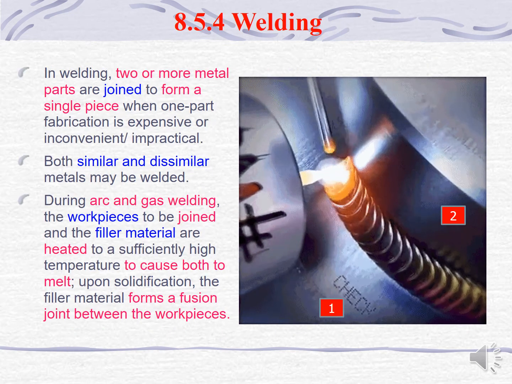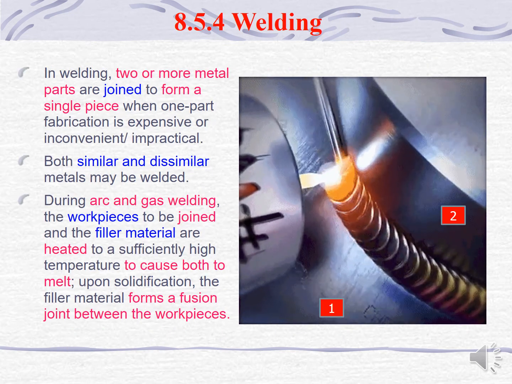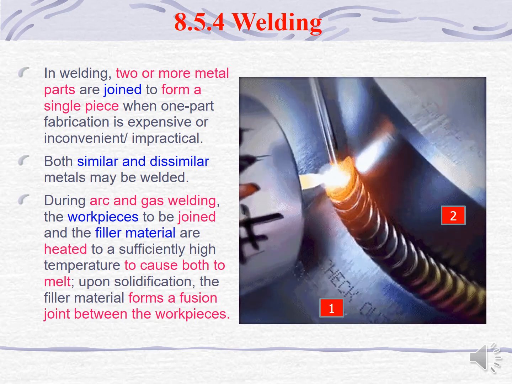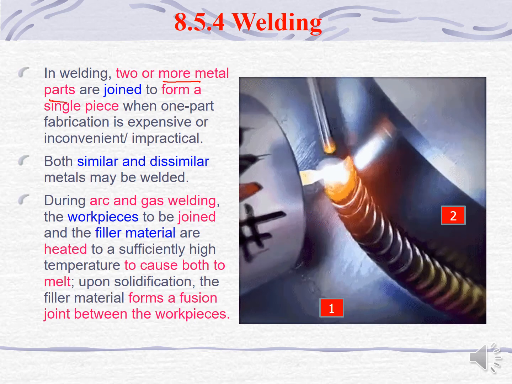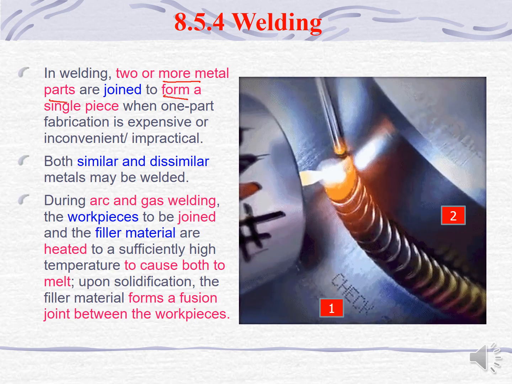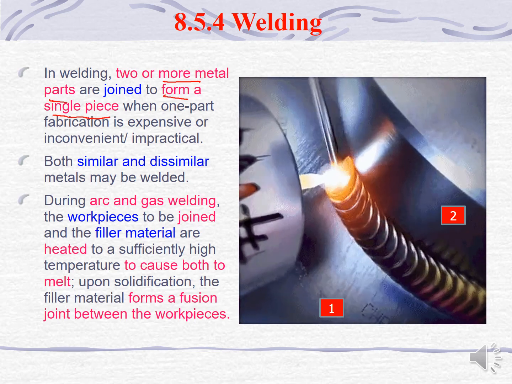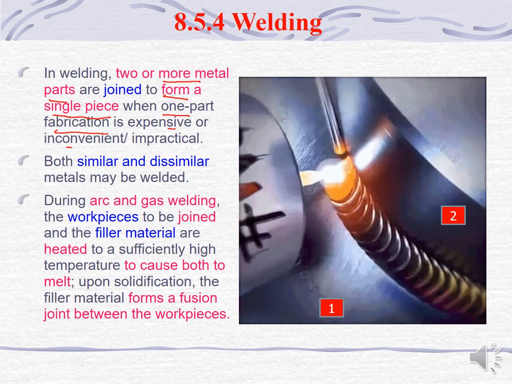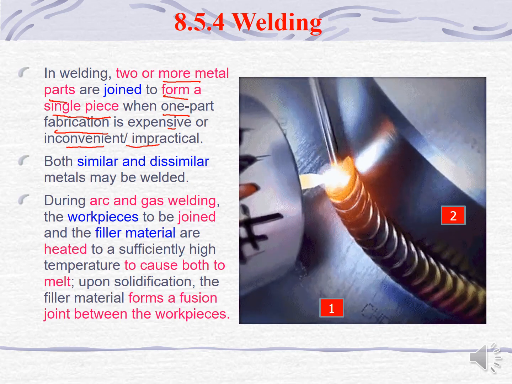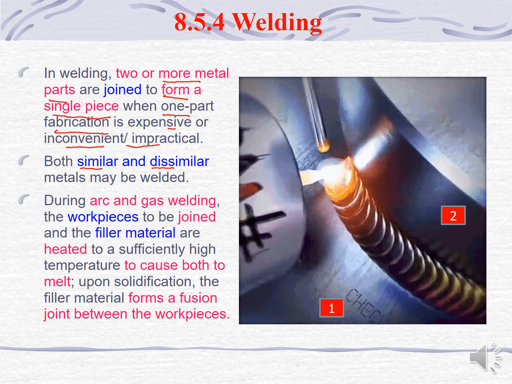Now we move to the welding process. In the welding process, we join two or more metals together to form a single piece of product, when one-part fabrication is expensive or inconvenient or impractical. Both similar or dissimilar metals may be welded.